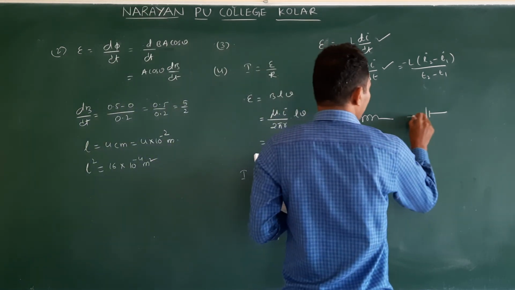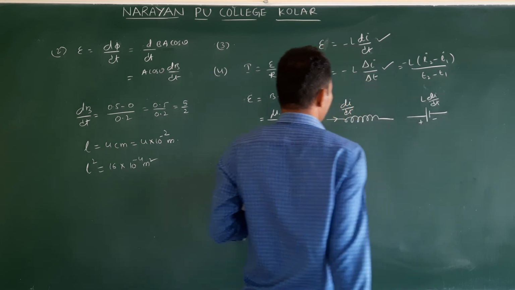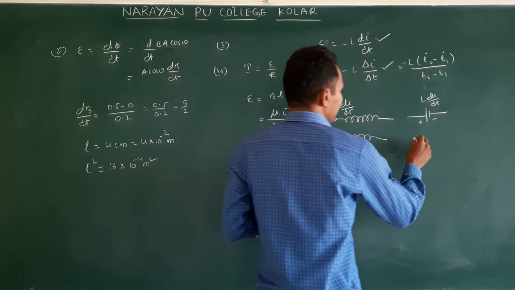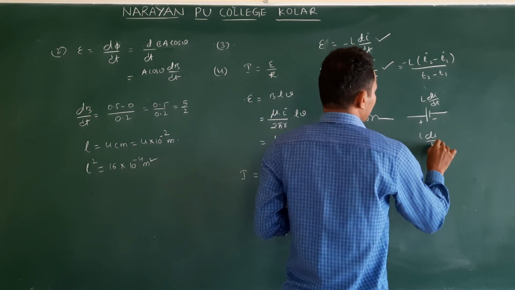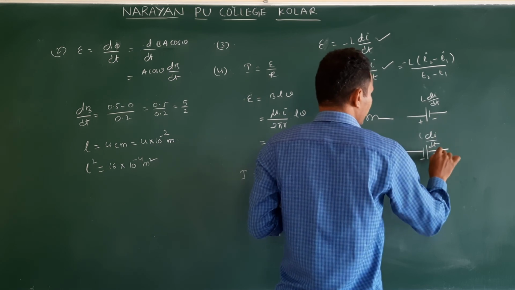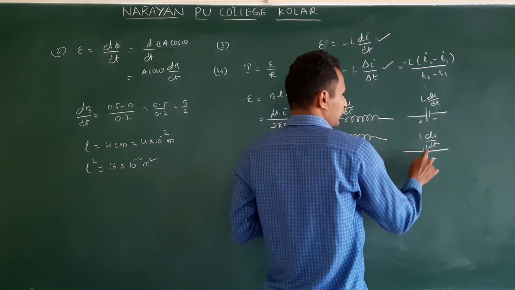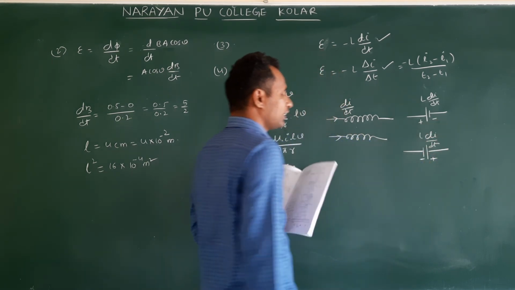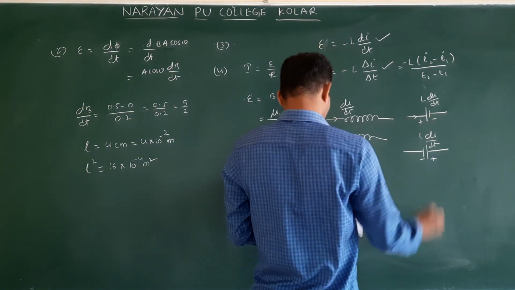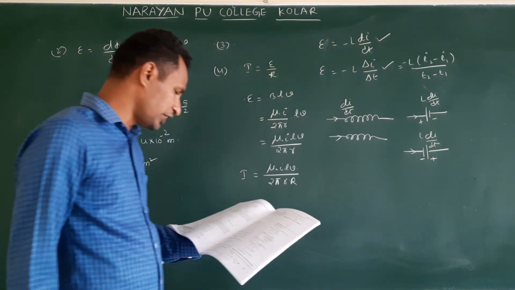So the induced battery is L di by dt, this is plus, this is minus. If the same inductor current decreases, then L di by dt acts opposite, the polarity changes: minus, plus. If it increases, the polarity will be like this. If it decreases, the polarity changes, remember. Increasing current is moving in, decreasing also moving in, but the polarity changes.